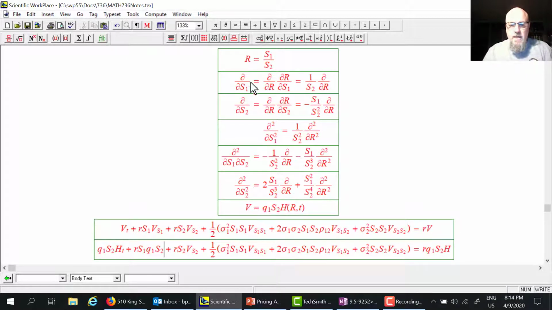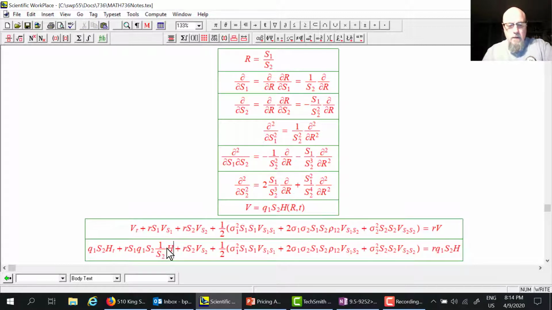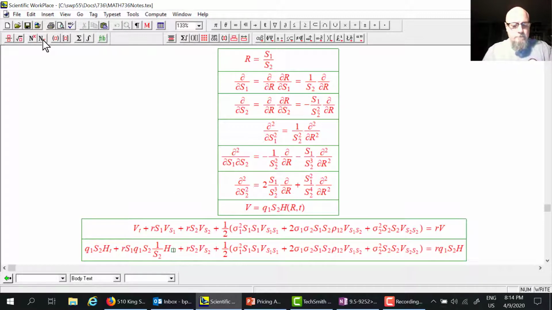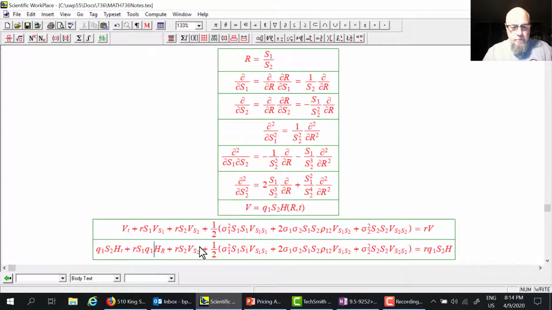And when I differentiate H with respect to S1, it's like 1 over S2 times H sub R. So I'm going to put that in. H sub R. So there's my, oh, and nice, S2 and 1 over S2, that cancels out. It's already simpler.